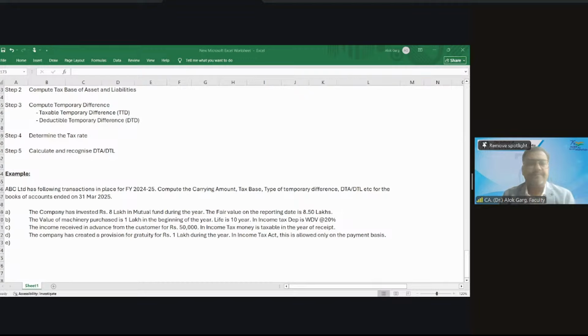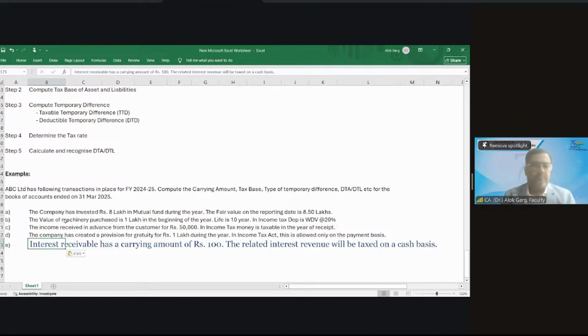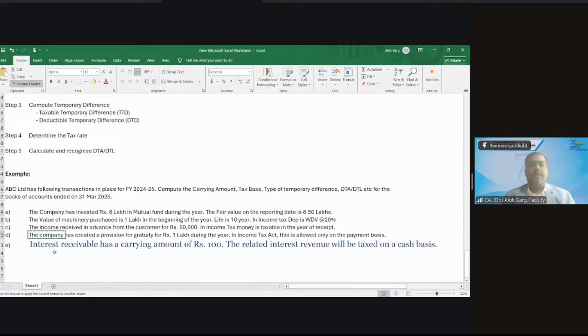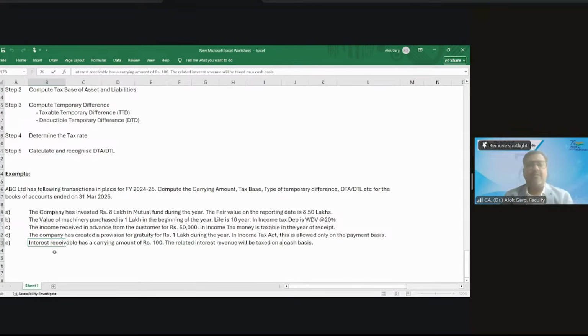Interest receivable has a carrying amount of rupees 100. The related interest revenue will be taxed on a cash basis. So there is an interest receivable on one of the deposits of rupees 10,000, and the related interest will be taxed on a cash basis.